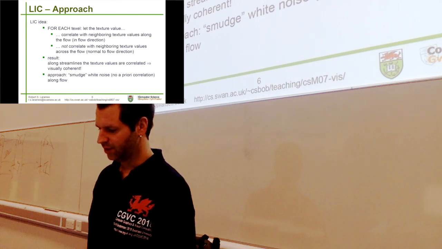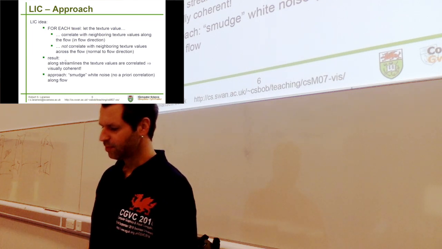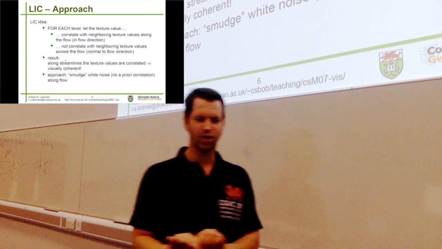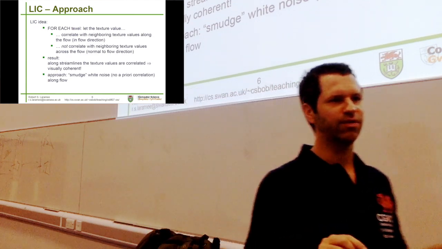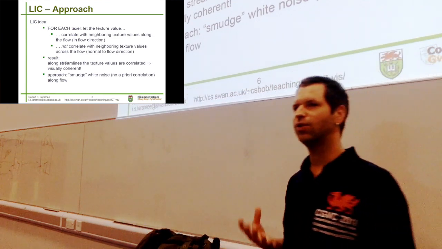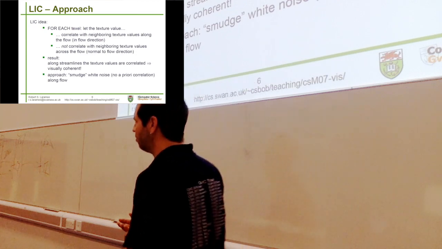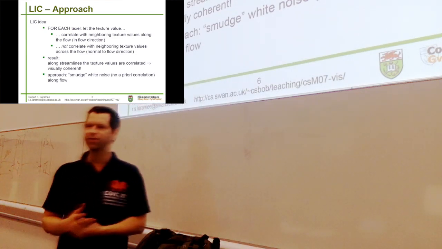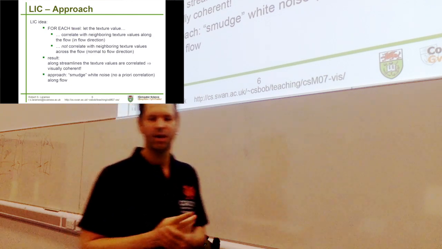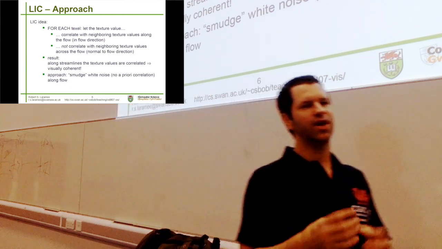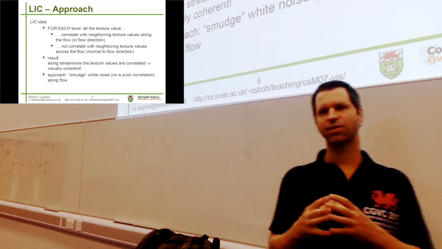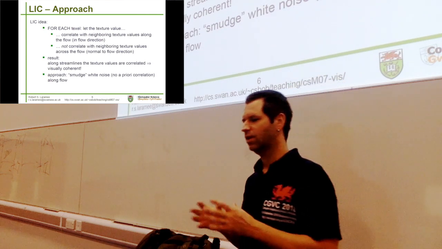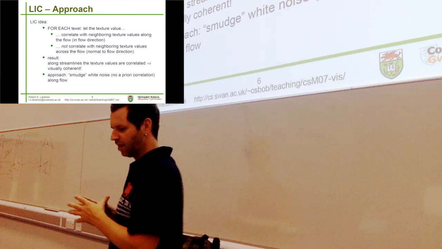And when we do this, the texture elements, correlated in the direction of the flow, give us kind of an illusion, but it creates a streamline-like pattern, a very dense streamline-like pattern, because texels are dense. You know, they're small. Pixels are dense, right? So texels can be very dense.